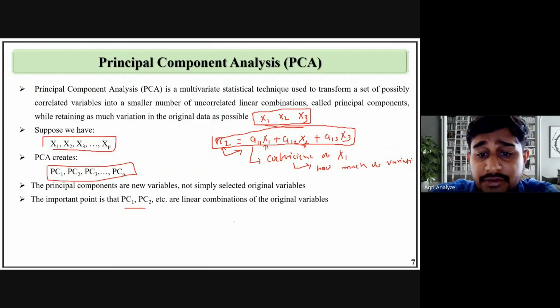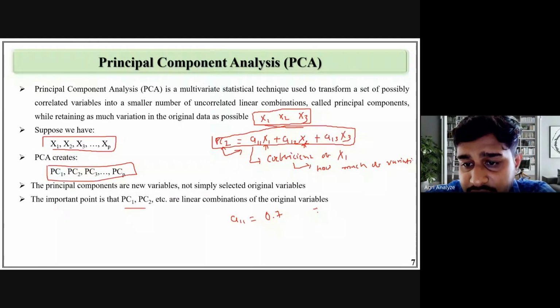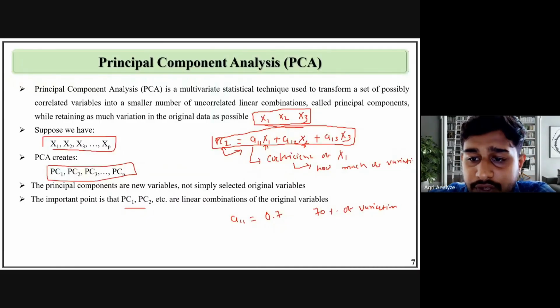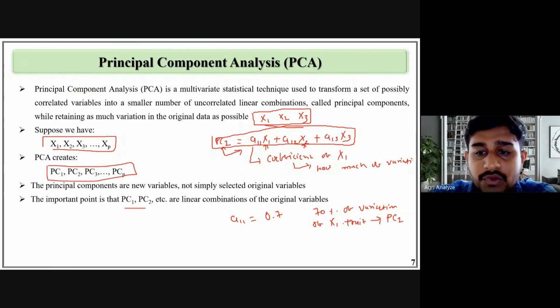was explained by PC1 for the x1 variable. It means if A11 is found to be 0.7, then 70% of the variation of the x1 variable, the x1 trait, was explained by PC1. Okay.